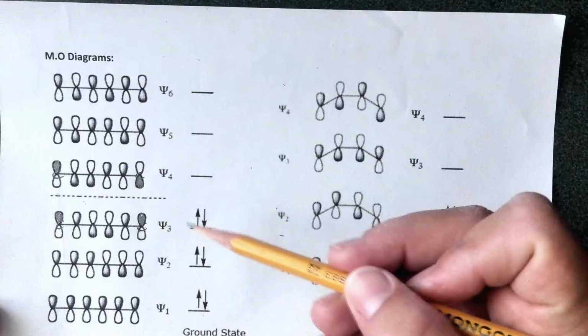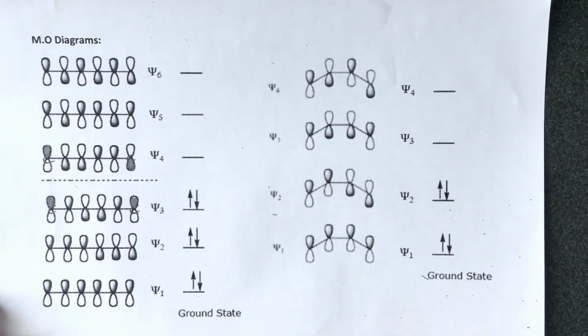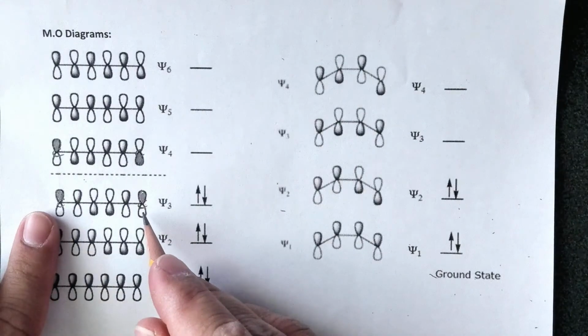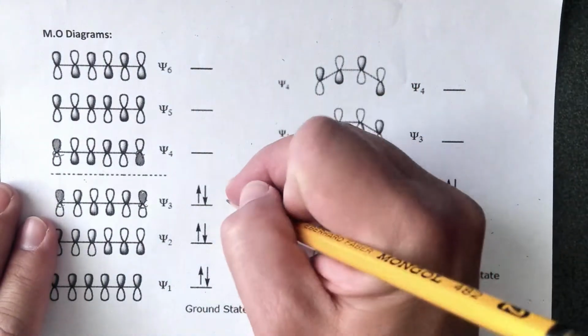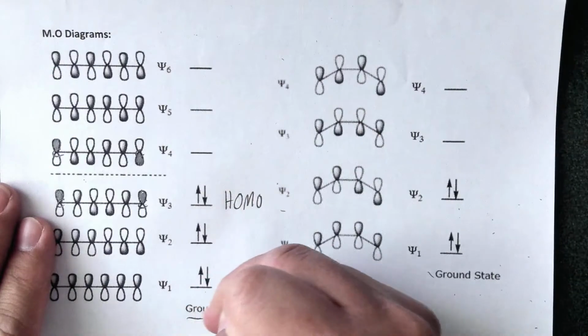So the question really comes down to, it's always the highest occupied molecular orbital that you're looking at, the end p orbitals, to determine that rotation. And so right now this is the highest occupied molecular orbital for the ground state.